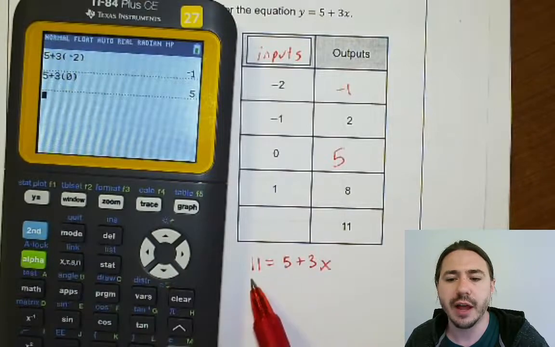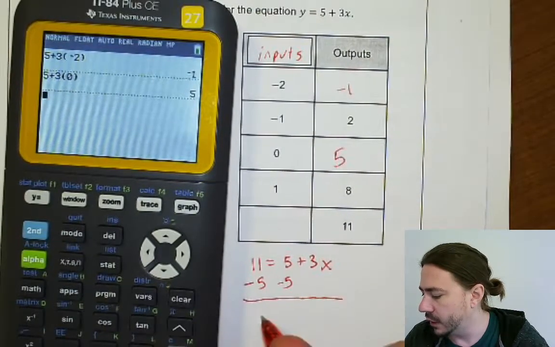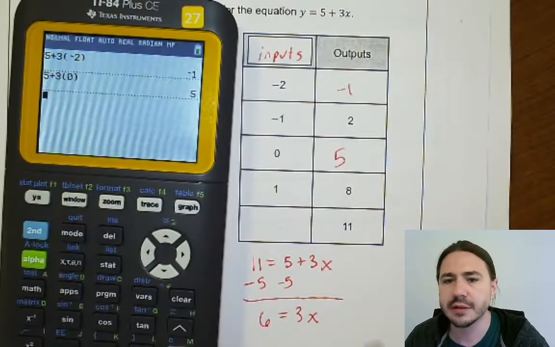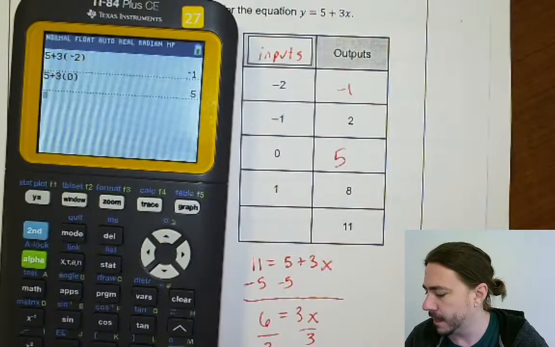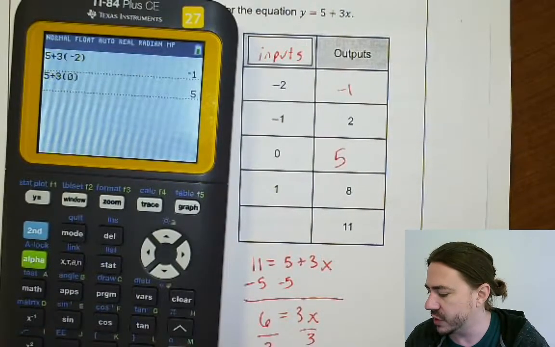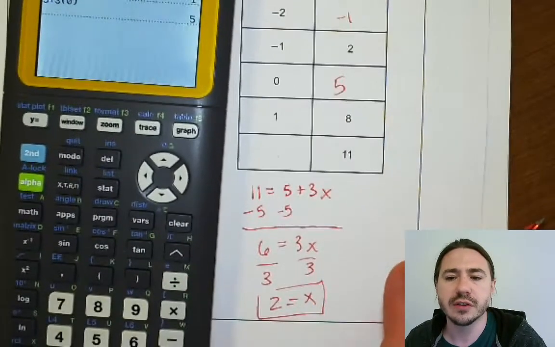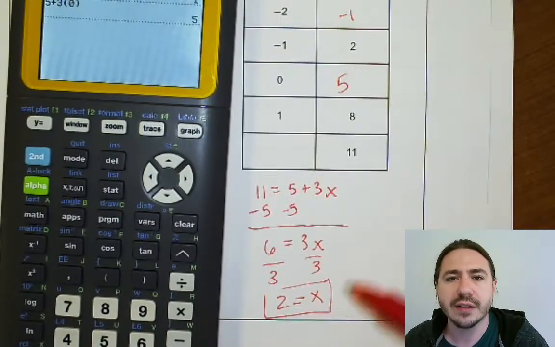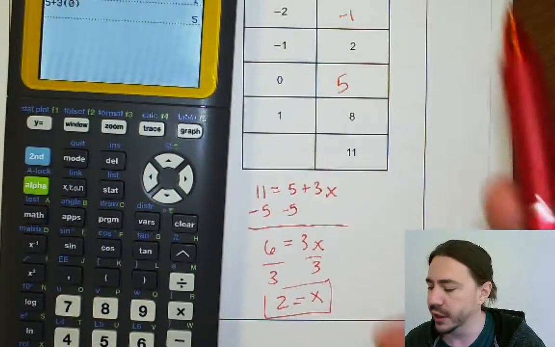So I'm going to subtract 5 from both sides, and that gives me 6 equals 3x, and then I'll divide both sides by 3. All of those steps that we learned about in Unit 1 and Unit 2 as far as solving equations are going to be useful if we know what the output is and we're trying to find the input.